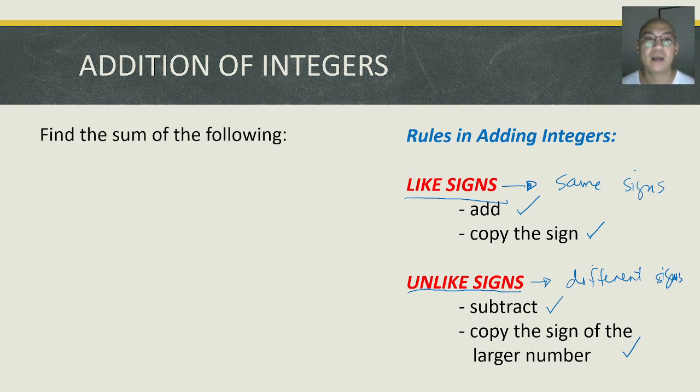Let's try. Find the sum of the following. Number 1, our example a while ago. Negative 7 plus 4. So let us check, are they like signs or unlike signs? This is a negative number, and this is a positive number, so they have unlike signs.